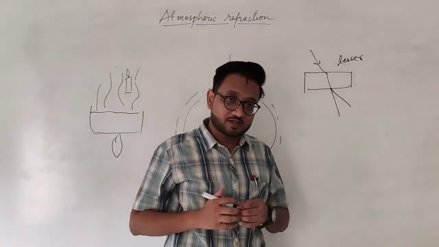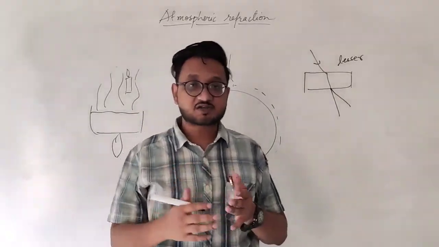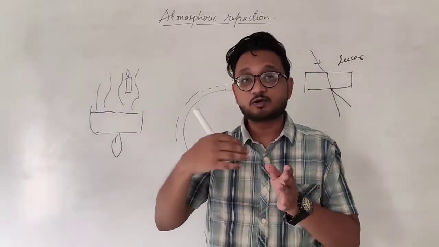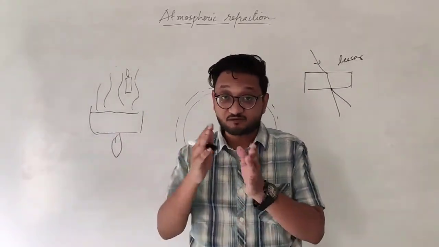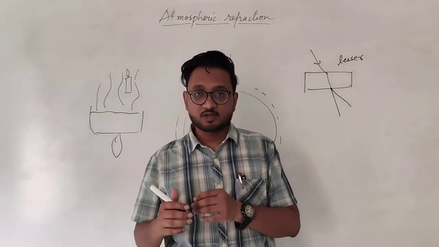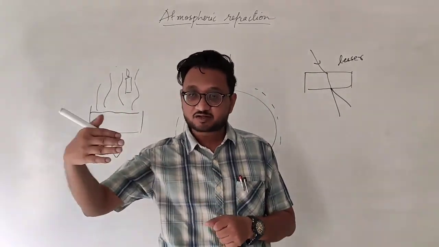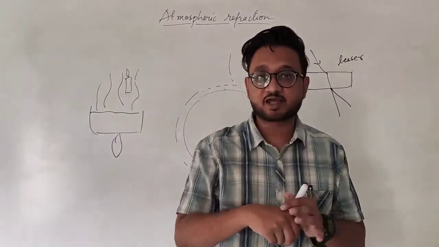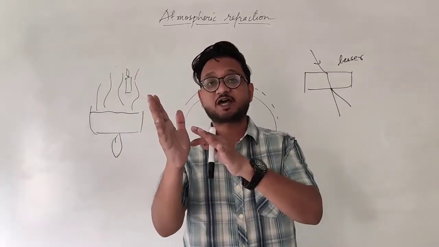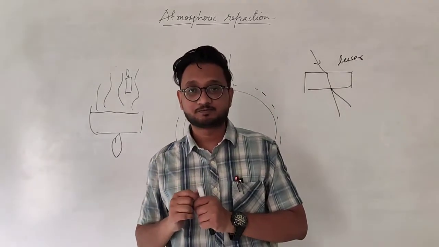Because of the pressure variations of the heat, lesser and denser mediums, the light entering changes again and again, and the refraction therefore happens again and again. There are many lesser and denser mediums created in between, and because of that the refraction of light happens again and again, and therefore when the light reaches you, sometimes the object is in this direction, sometimes in that direction, and therefore it appears wavy to you.